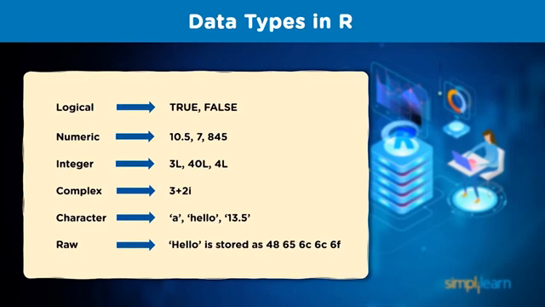You have numeric values, which are these numbers. You could also create an integer, which is 3L, 40L, 4L, and so on. You can have a complex number. You can have characters, which can be just letters, a set of letters, or anything within quotes, or you can even have raw data. So these are different data types.